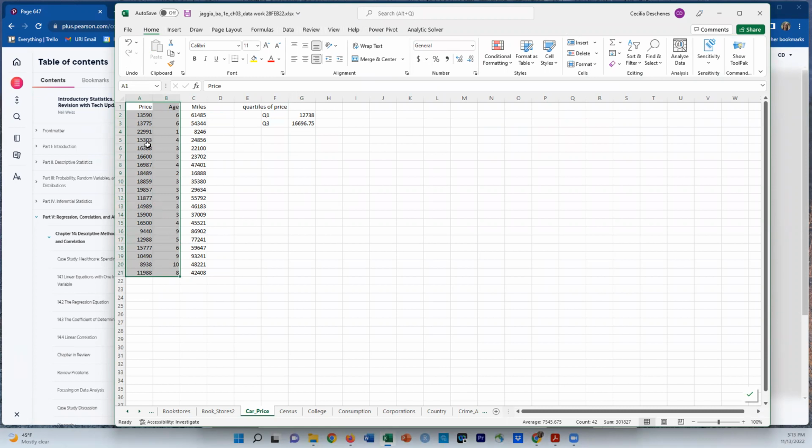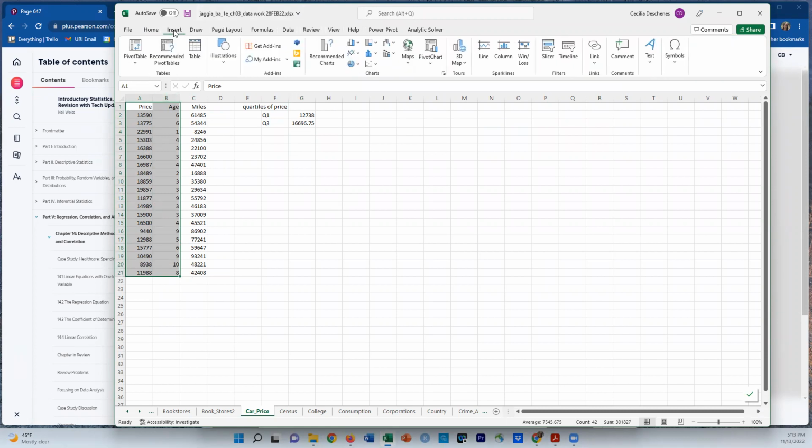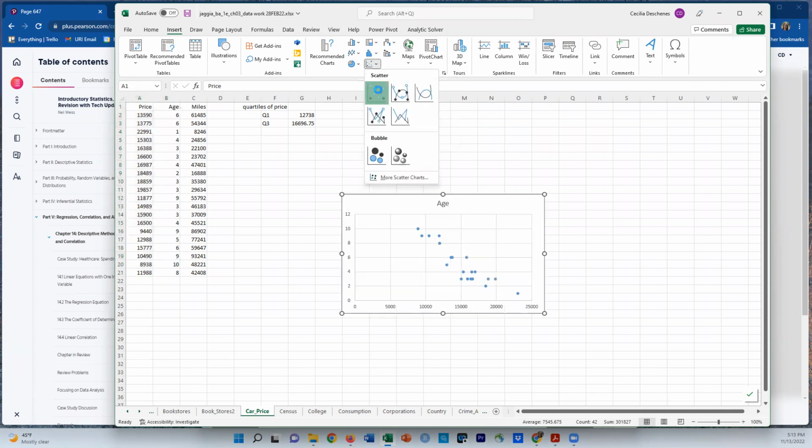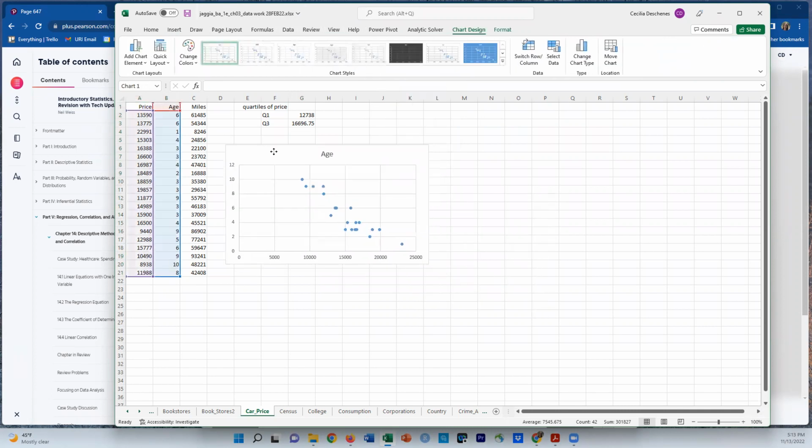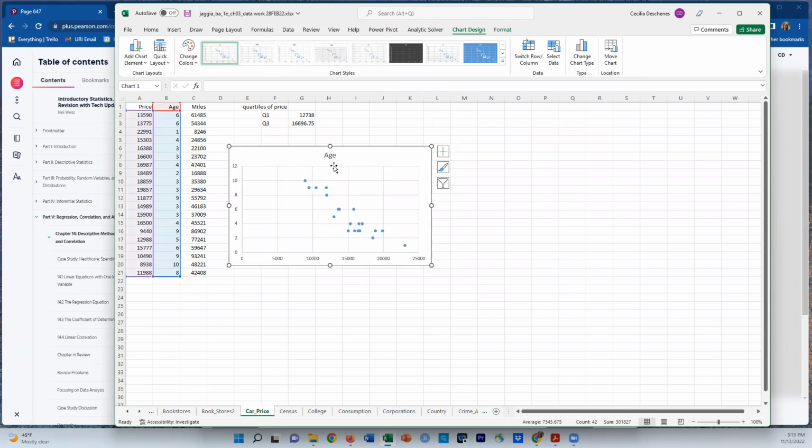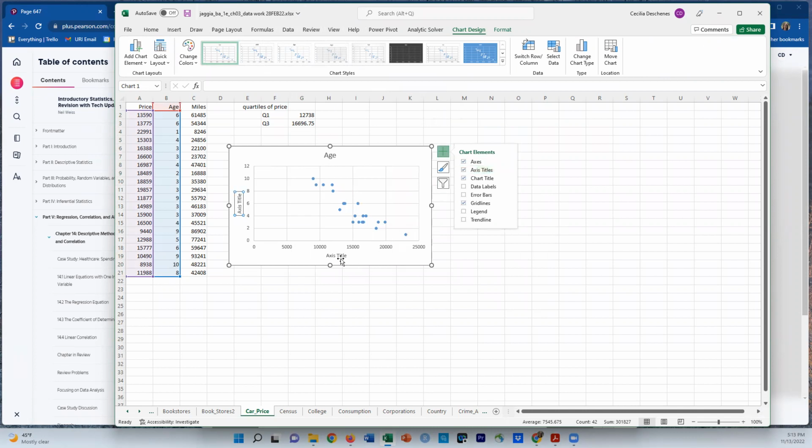Okay. So let's say we think that there might be some connection between price and age. The first thing we always want to do is graph it. So I'm going to select this data, go to Insert, and then in the charts, I'm going to go to this one that says Insert Scatter, XY, or Bubble Chart, and choose the scatter. Here we can see the price, so we might want to give it some axis titles.